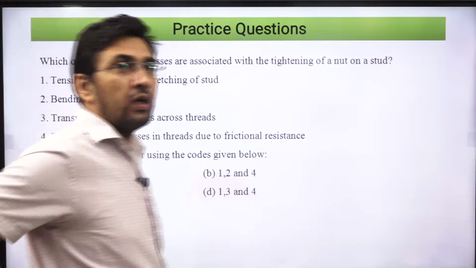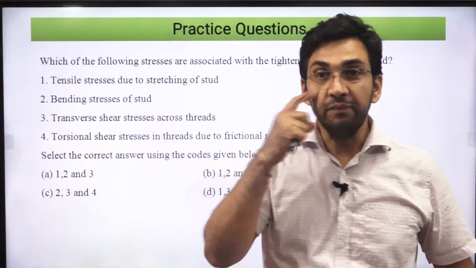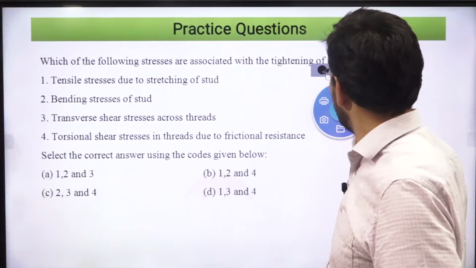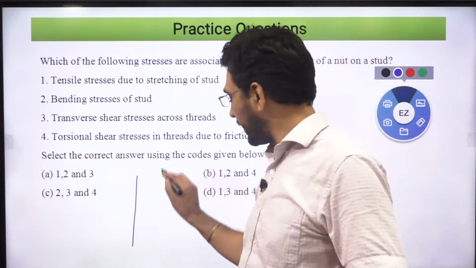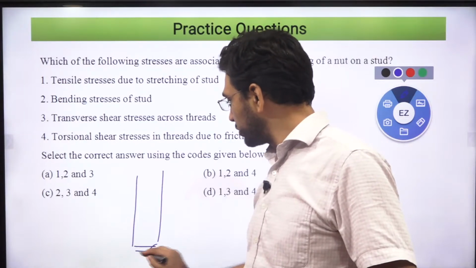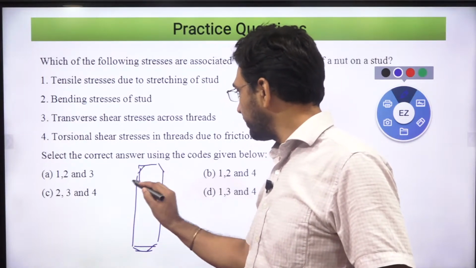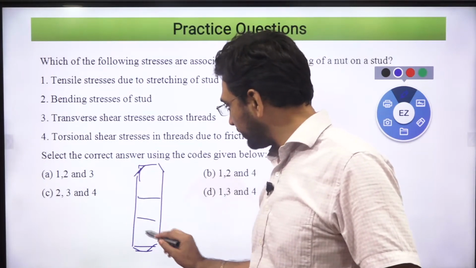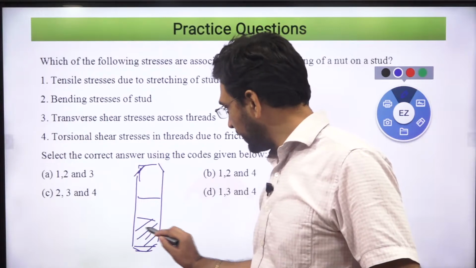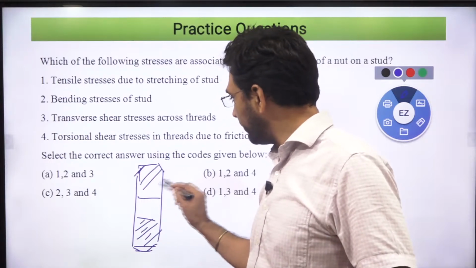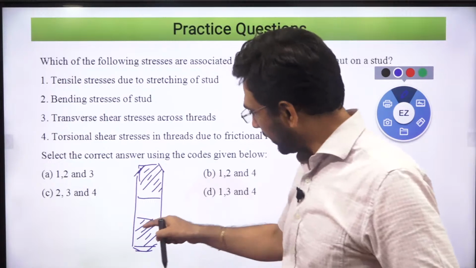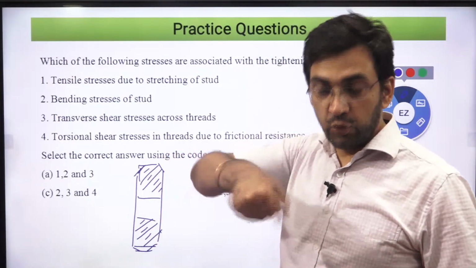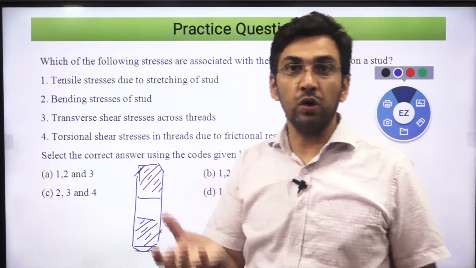Stud, I hope you know, is a component which is threaded on both ends, right? You have produced threads on both ends. At one end you are screwing it into the tapped hole of the larger part.